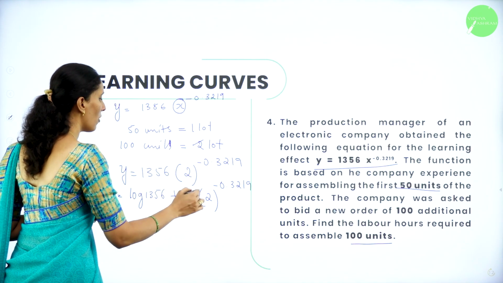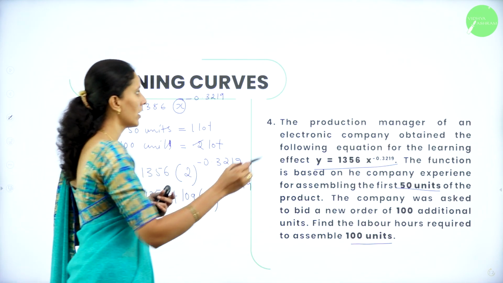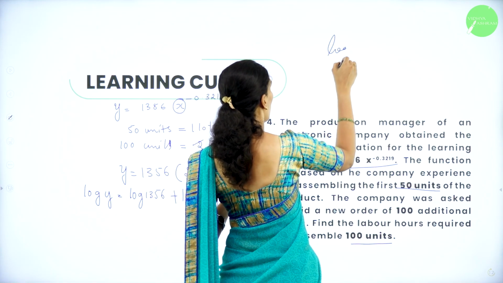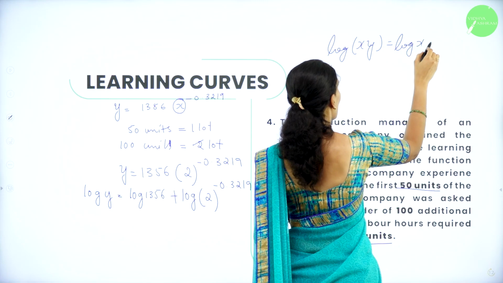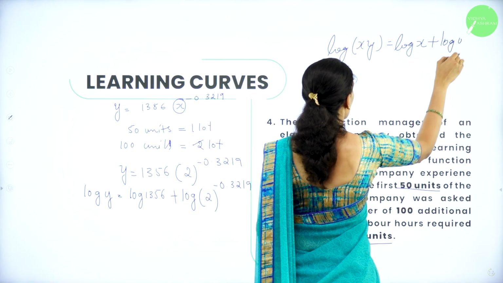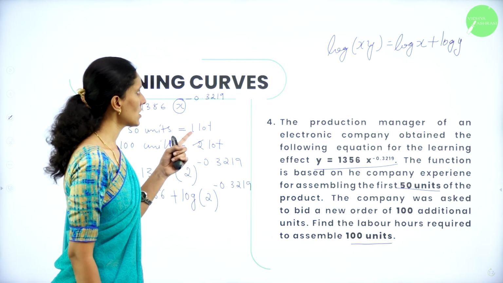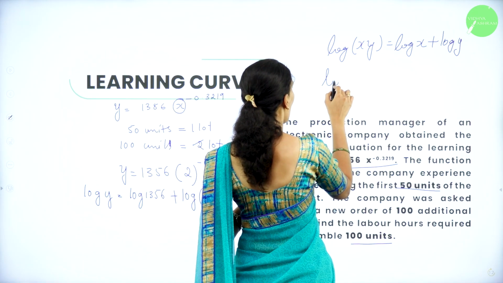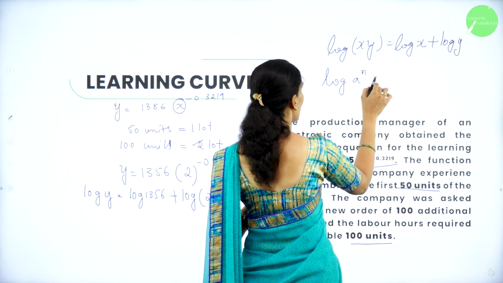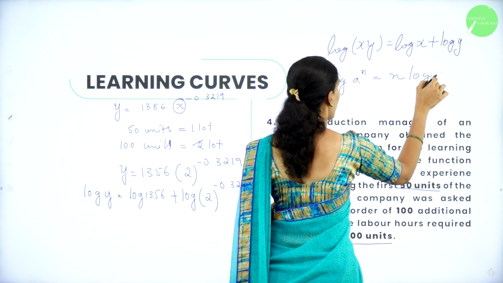Now this is in the form of log a to the power n. If you have a product of two functions like log of x y, then you can write it as log x plus log y. And suppose if you have a power with an index, then you can write it as n log a.